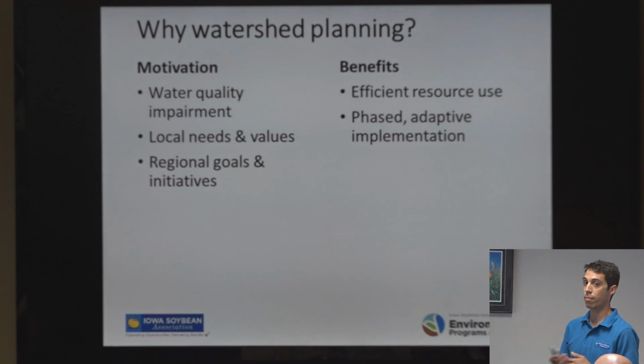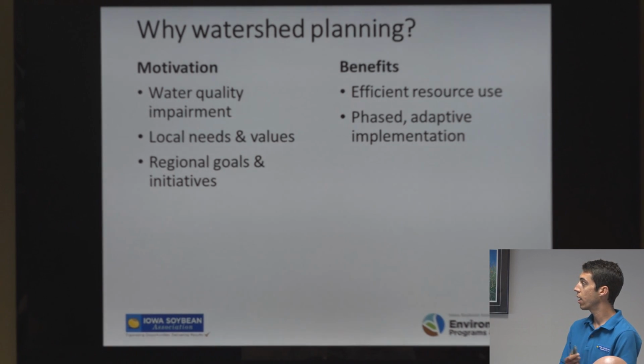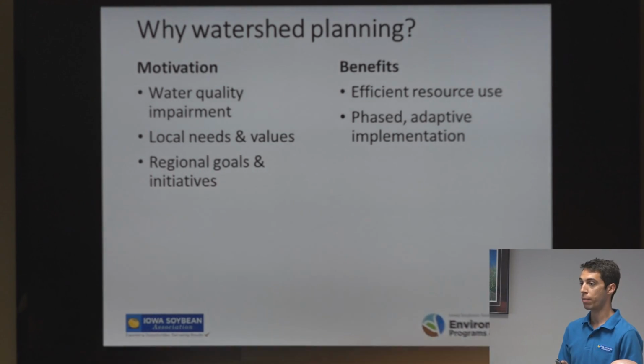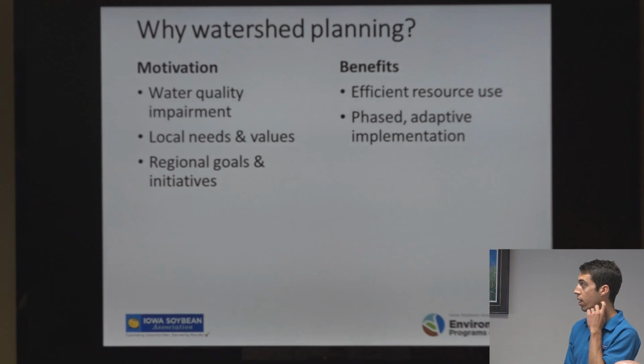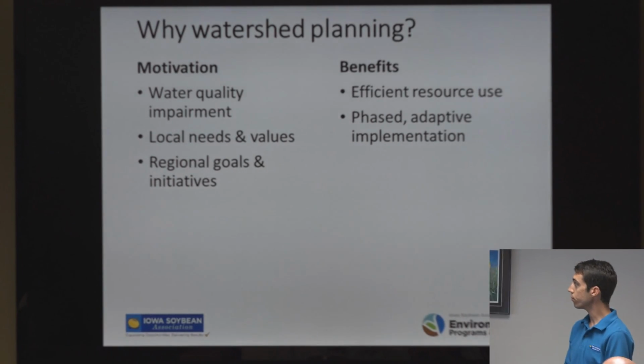Even if there isn't an impairment in the water quality, local values or local initiatives can lead to the desire for watershed planning. And regional goals and initiatives, such as something like the Iowa Nutrient Reduction Strategy, can also motivate watershed planning, because we can have these broader goals that a specific smaller Huck 12 watershed will work towards.